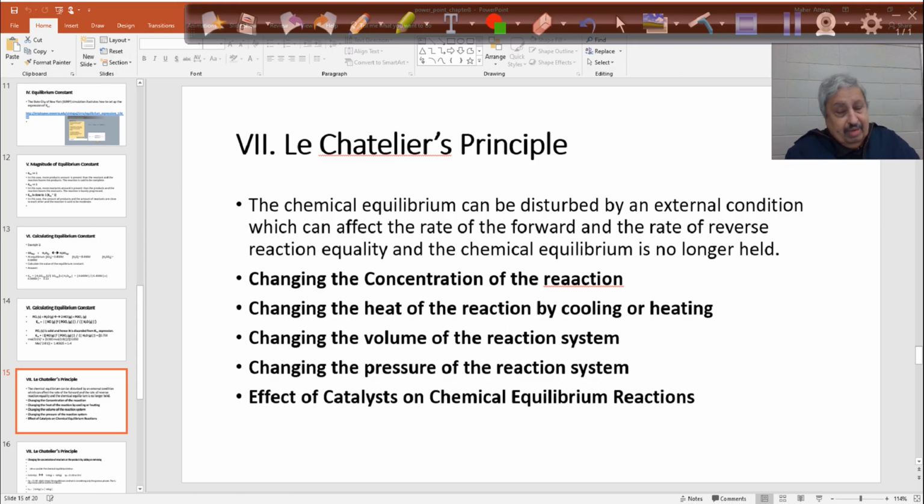So it goes back and forth between reactants producing products, decomposing, producing back the reactants, and so on. So it's an equilibrium. However, this situation will change if I alter or change the chemical equilibrium by adding some external condition from outside.